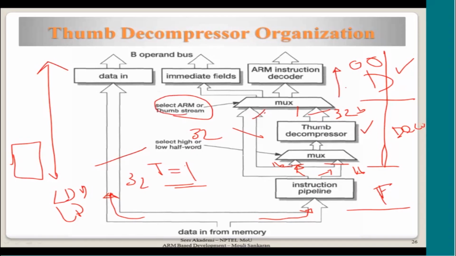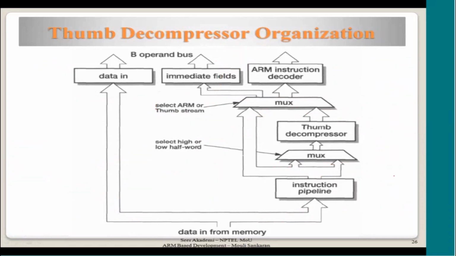From here onwards, the behavior of the processor internally will be the same, whether it is ARM state or Thumb state. Every 16-bit instruction has a unique 32-bit instruction mapped to ARM state, and from then onwards it acts as an ARM instruction. Please remember that.